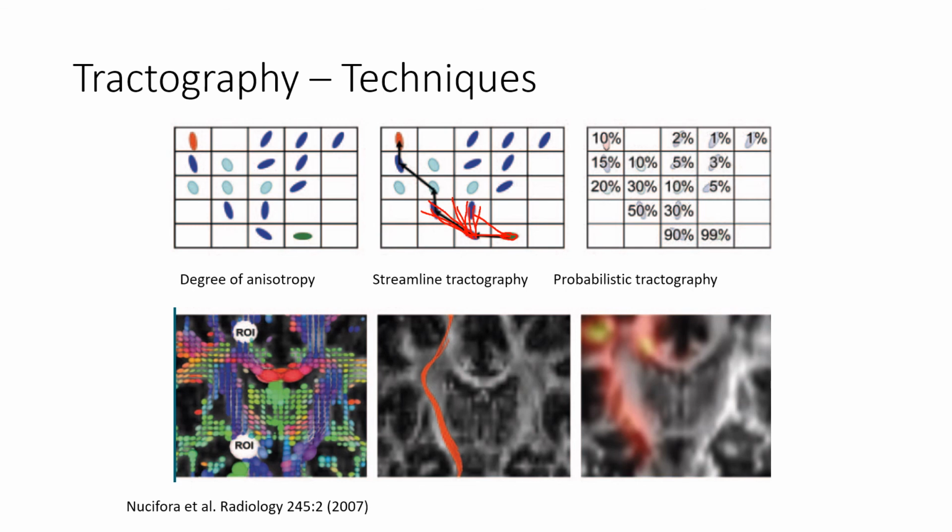Another method that we will use in our class is probabilistic tractography. We'll actually use a combination of both of these, the streamline and probabilistic, but most of what we're going to do is this probabilistic tractography, and so that will just give a probability of which direction it is going, and it gives a lot more range in where it can connect. There's a lot of unknowns in the data, and probabilistic tends to be pretty sensitive, sometimes maybe a little too sensitive, meaning it's sensitive but not very specific.